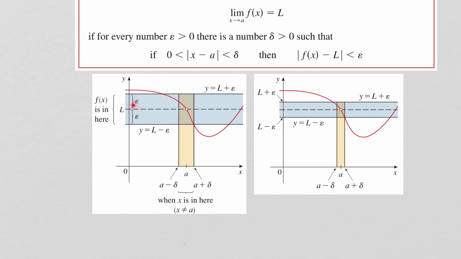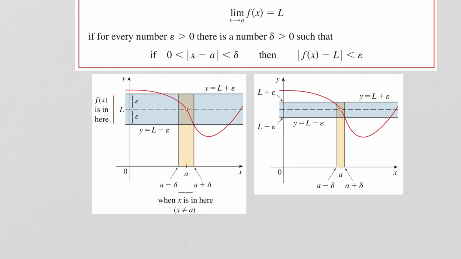And we can make this value of epsilon as small as possible. So over here in the next diagram, you can see that they've taken the value of epsilon and made it even smaller than what it is here. And your function values will always be between those epsilon bars as long as x is sufficiently close to a.